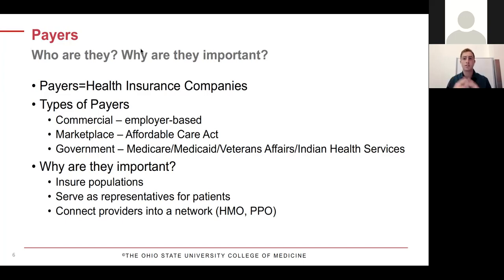These are the big players that commonly work with an insurance broker to then go and sell their health insurance to employers. And so a majority of citizens in the United States are insured through a commercial insurance plan. And then there's also marketplace, which is a recent development.